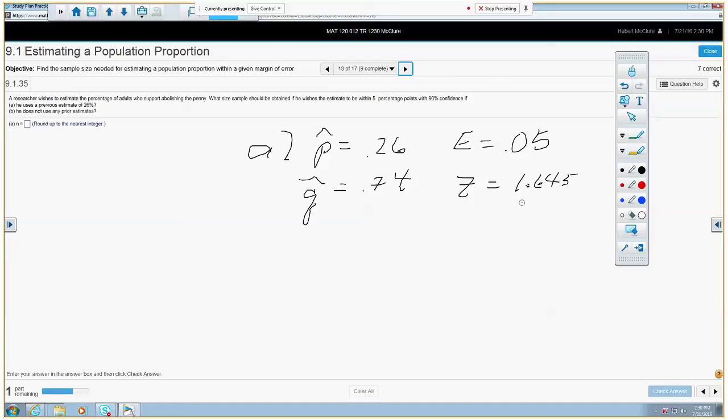Okay. All right, so you said that the formula for N is equal to P hat Q hat, so that's going to be 0.26 times 0.74, multiplied by, is this the square, right?